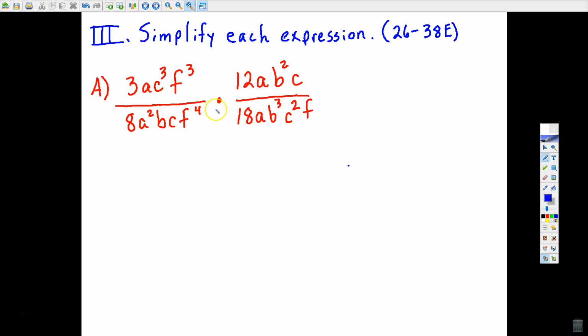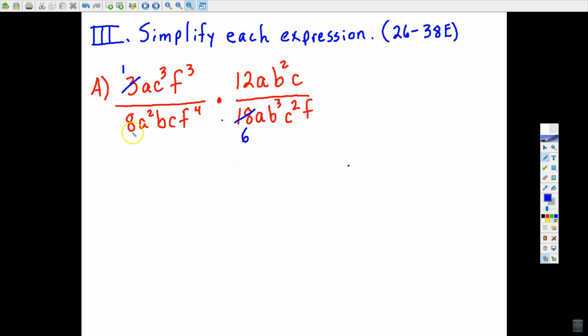And if you recall from your past experience, you can look diagonally and you can cancel, which really is another word for divide. I'm going to divide both of these numbers, 3 and 18, by the same number, which of course would be 3. 3 divided into itself is 1, and 3 into 18 is 6.